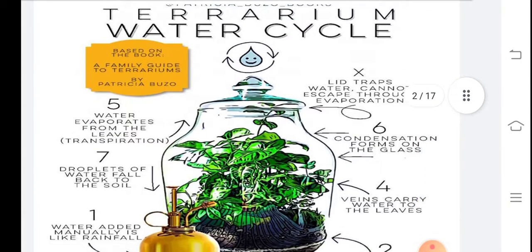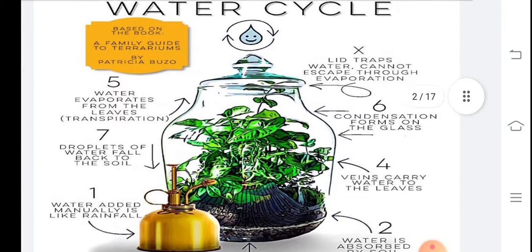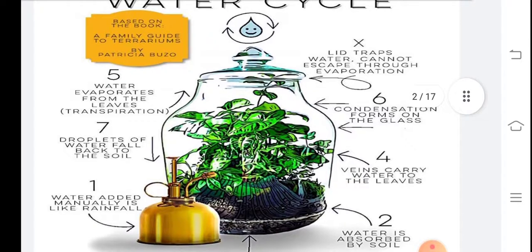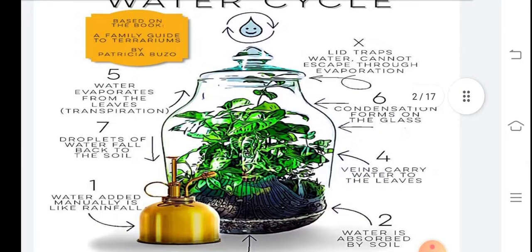This is a good photograph which is showing the water cycle. Here you observe that light watering is important. Then there are different parts.